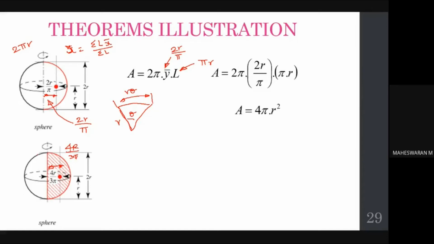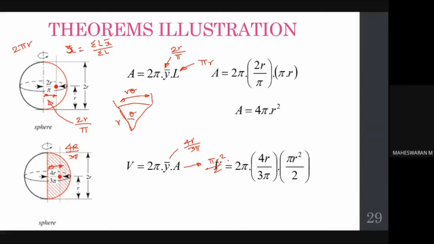Now the area you can identify: pi r square by 2. If I want the volume, volume is 2 pi y bar into A. You know your y bar is 4r by 3 pi, and your area is pi r square by 2.